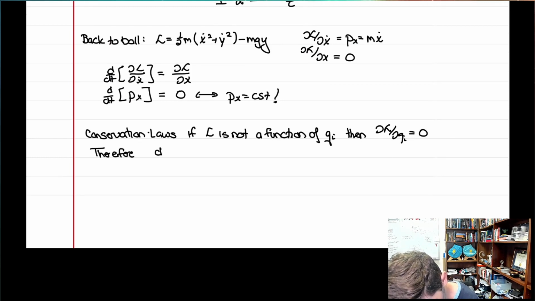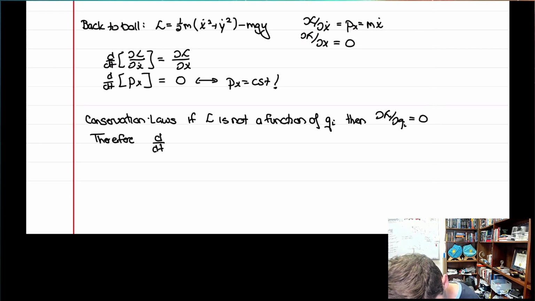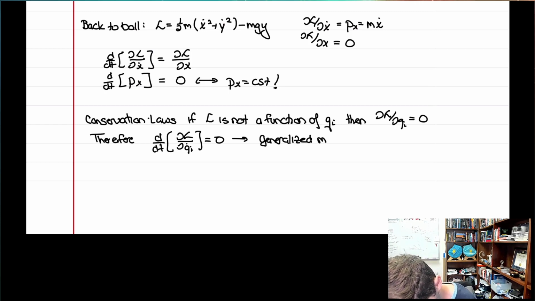Therefore, the time derivative of the partial of the Lagrangian with respect to q sub I dot is equal to 0. That implies the generalized momentum, which is the partial with respect to q sub I dot, is conserved.